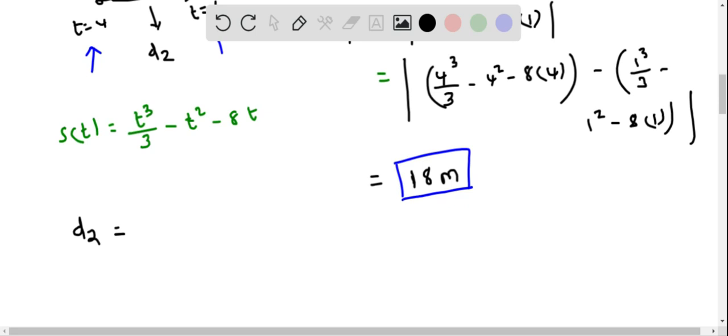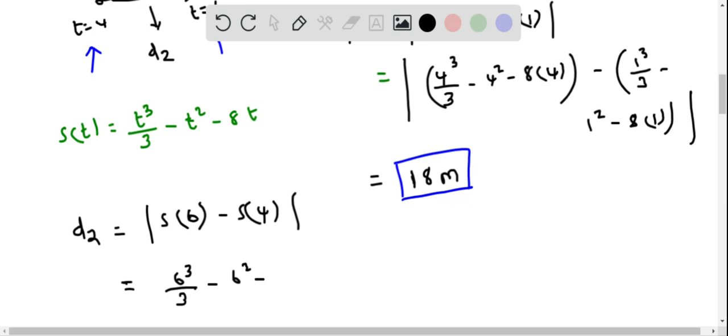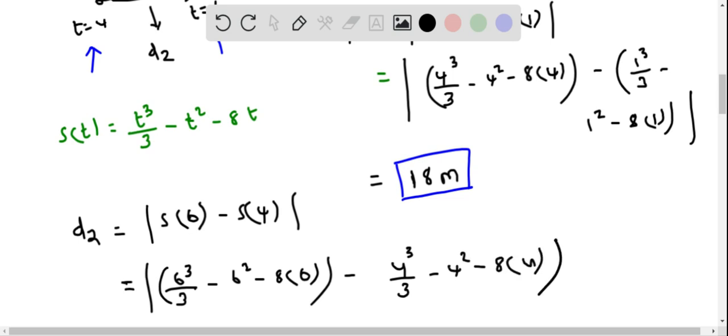So d2 equals the absolute value of s of 6 minus s of 4. s of 6 is 6 cubed by 3 minus 6 squared minus 8 times 6, and s of 4 is 4 cubed by 3 minus 4 squared minus 8 times 4.